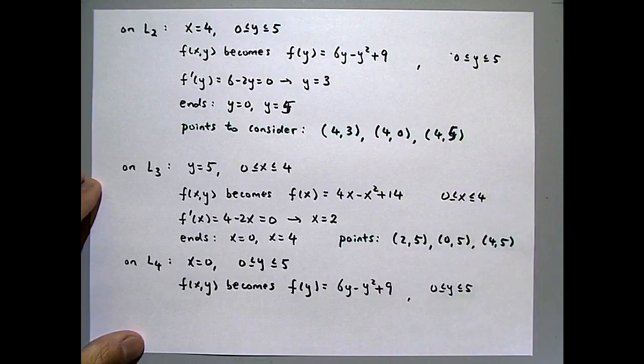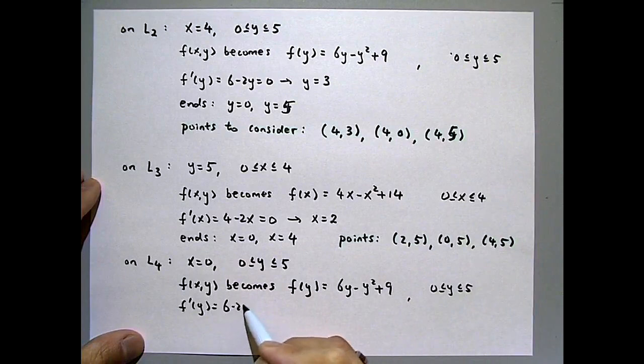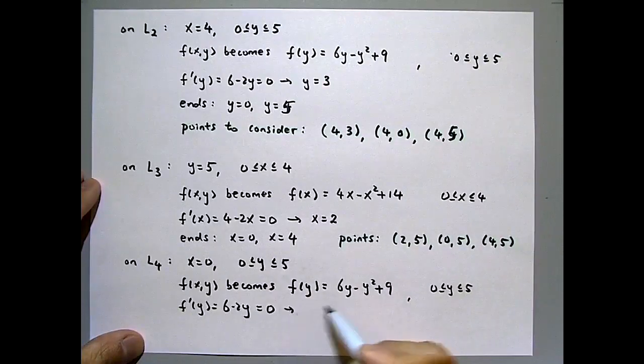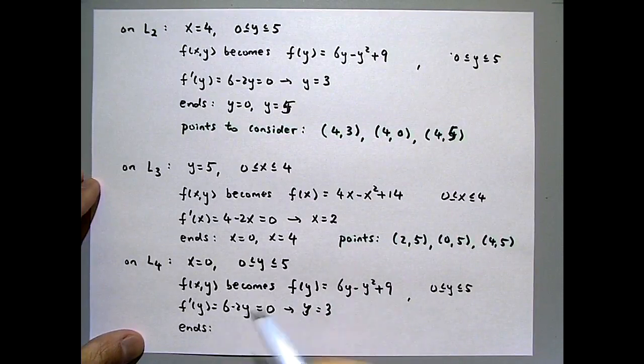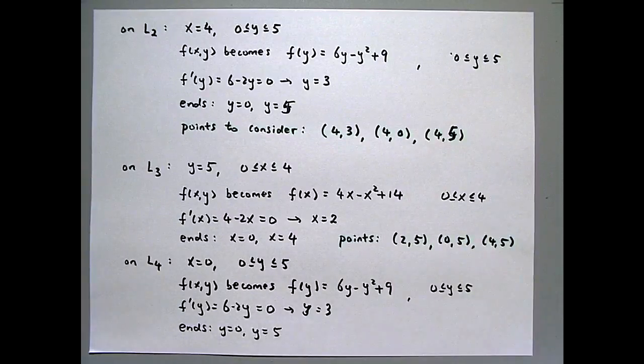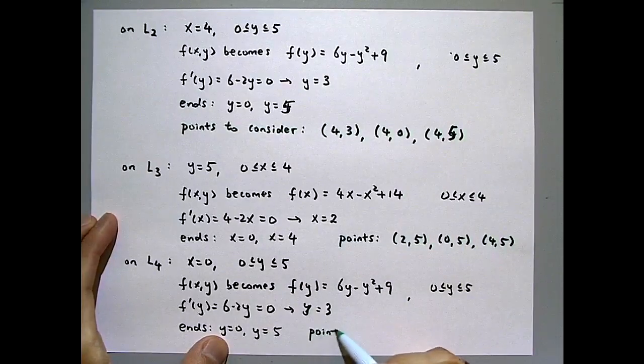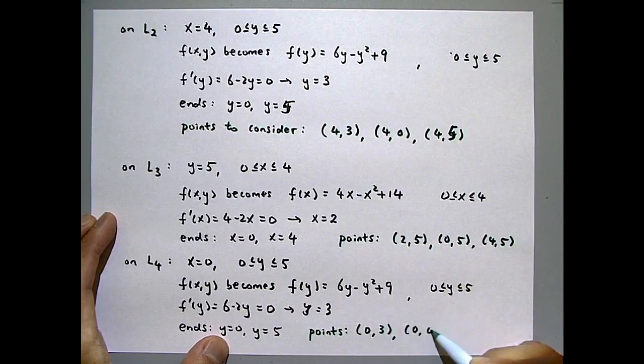Do one variable calculus again. Y is equal to 3 is our critical point on that edge. Then the ends are y equal to 0 and y is equal to 5. And then 3 more points to consider. Some of those will be something we already have, and that's fine. 0, 3, 0, 0, 0, 5.